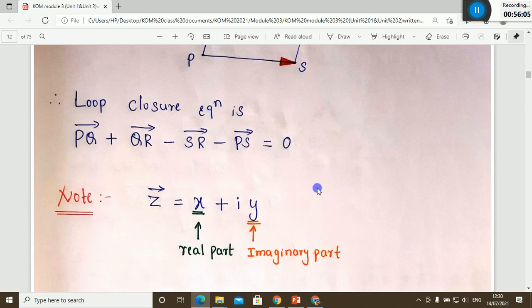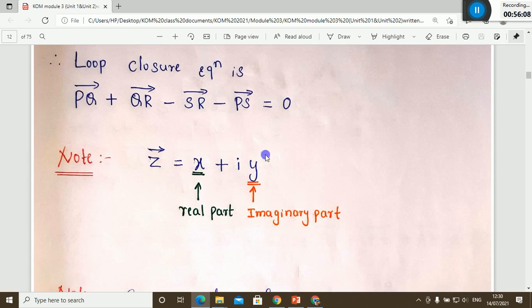Okay, and one more note, please take this down. If there is a vector Z, you can indicate that vector in the form x plus i y. If you consider any vector, cos theta plus i sin theta, it can be represented as x plus i y, where x is the real part, and the parameter along with i is the imaginary part.